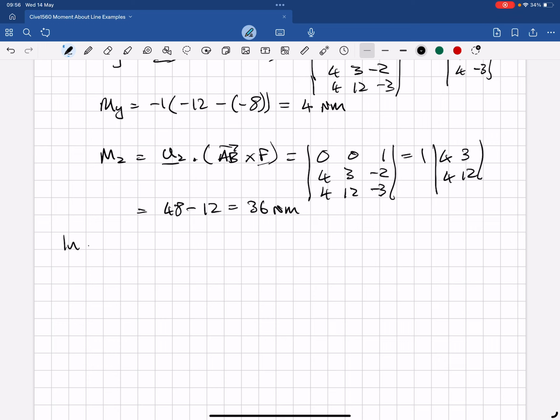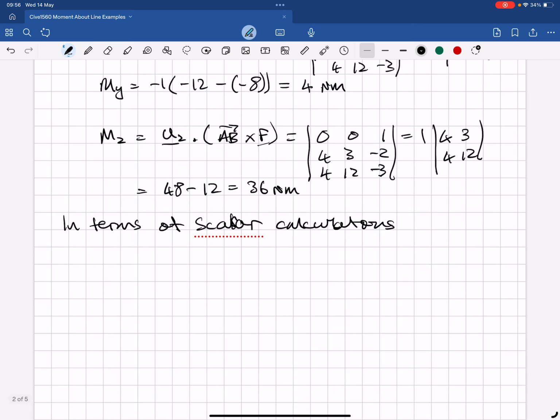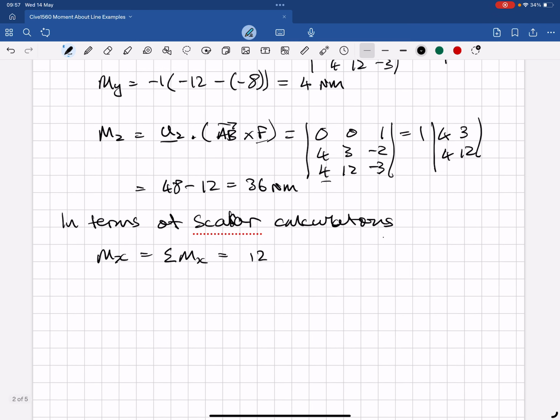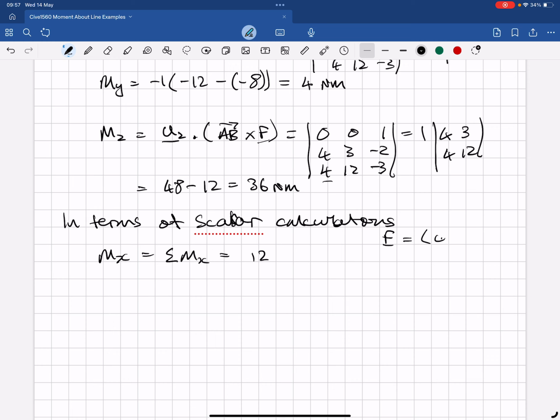In terms of scalar calculation, Mx is equal to the sum of moments about each component about the x direction, and we look at the force, F is equal to 4, 12, minus 3, so we ignore the 4 and it's 12 times the distance, which is 2 meters, minus 3 times 3 meters equals 15 Newton meters.